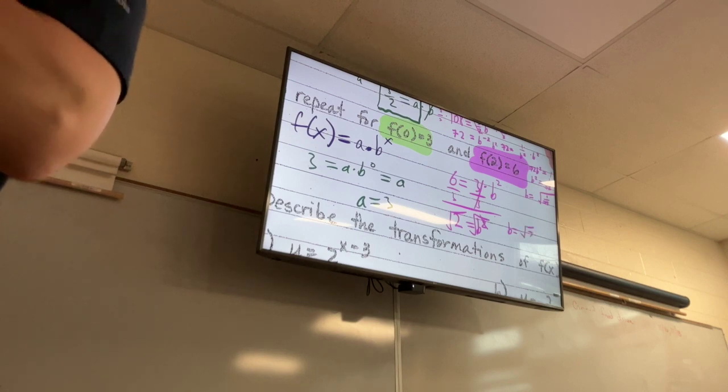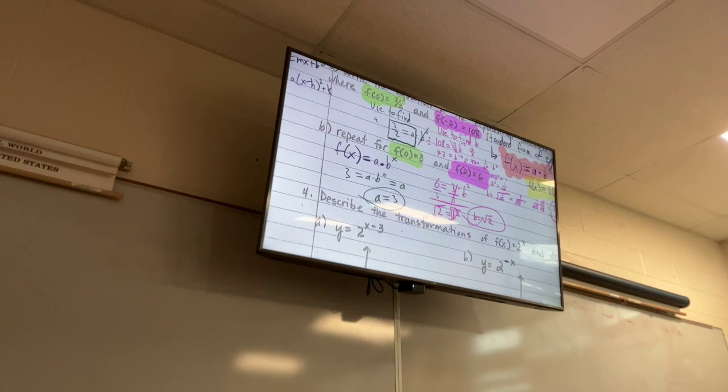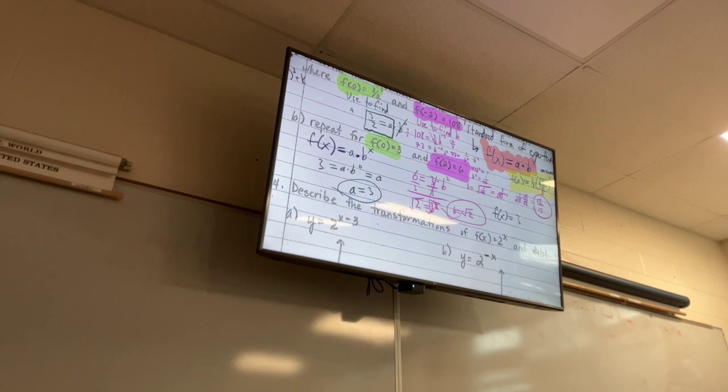Then for our answer, we plug our a and our b into the standard form equation. So our answer is f of x equals 3 times the square root of 2 to the x. That's our final answer.